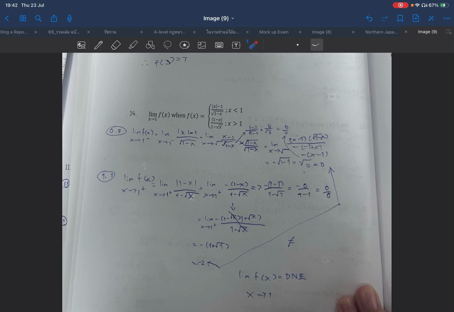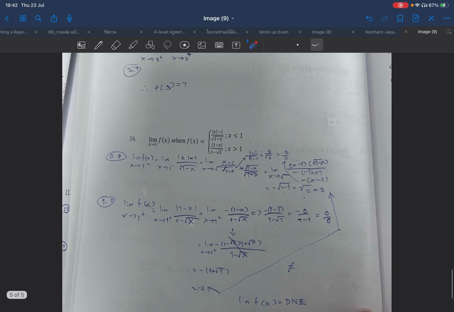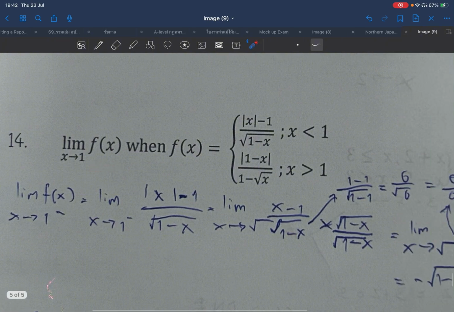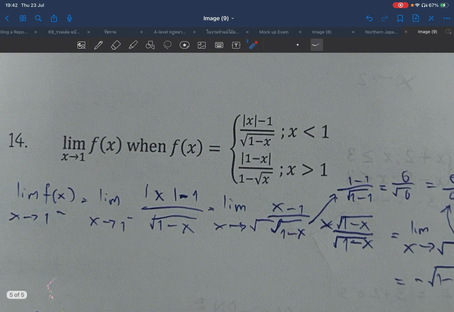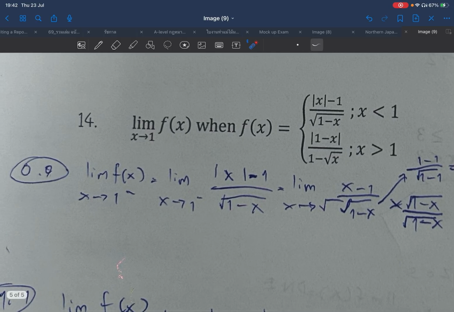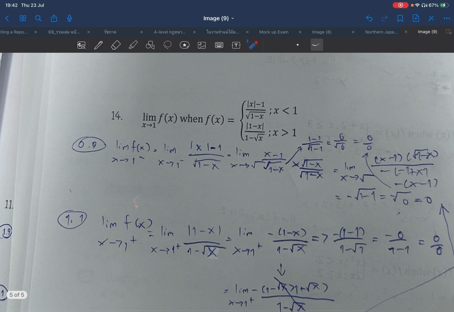And for our final question, given f(x) is absolute x minus 1 over 1 minus root x. For x less than 1, we should start with this.